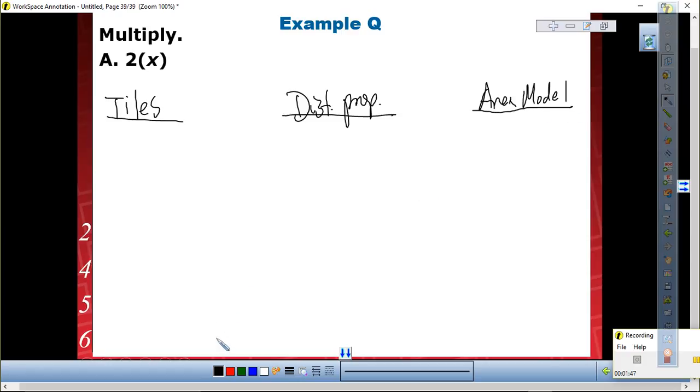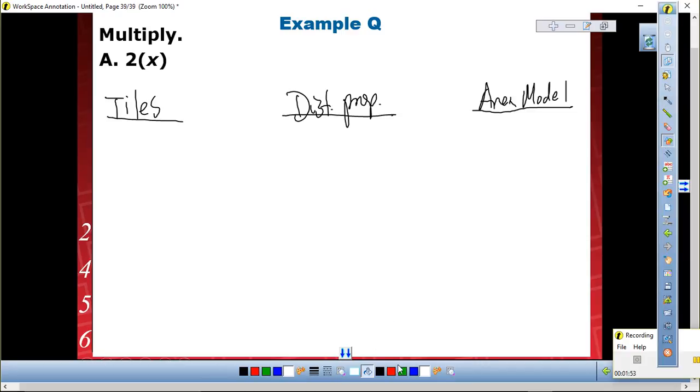Okay? So, using tiles, I'm going to try and refresh your memory. I did a presentation using tiles the other day on combining like terms. Remember that? When we did the whole pet shop, and then from there I showed you with tiles how to combine and stuff like that. Who remembers, tell your neighbor, what figure does x represent? See if you remember the tiles.